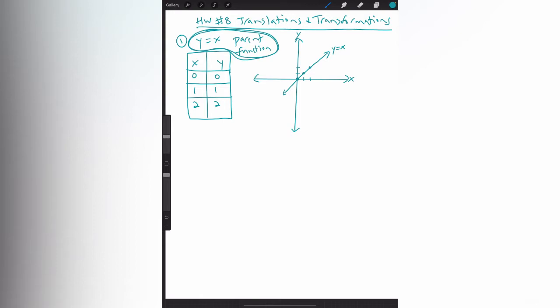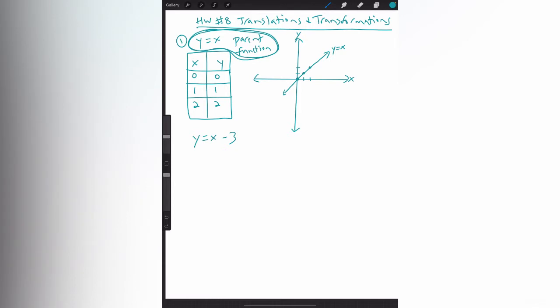So now that we have that, it says how is each function related to y equals x? And then graph the function by translating the parent function. Number 1 tells me y is equal to x minus 3. What we would do is look at this and say, all right, y equals x. That's the same, but the new thing we've added on is minus 3. Our parent function looks like this, and then we subtracted 3 from it.